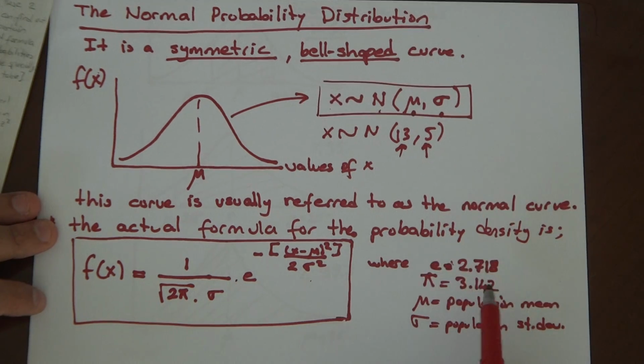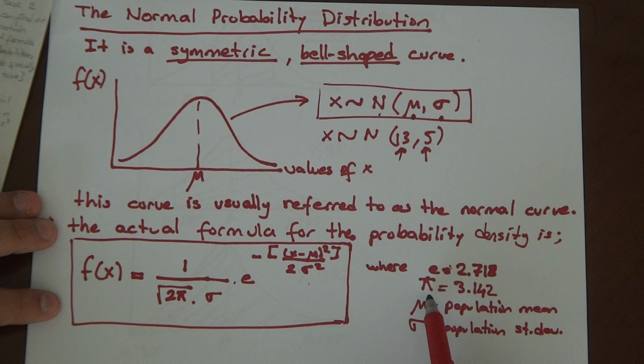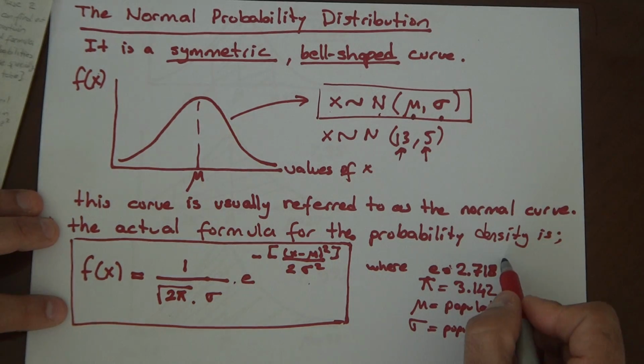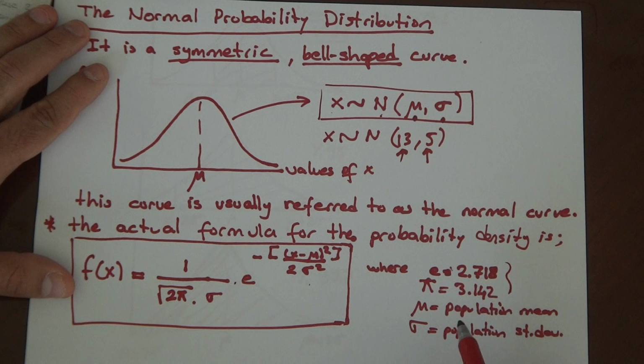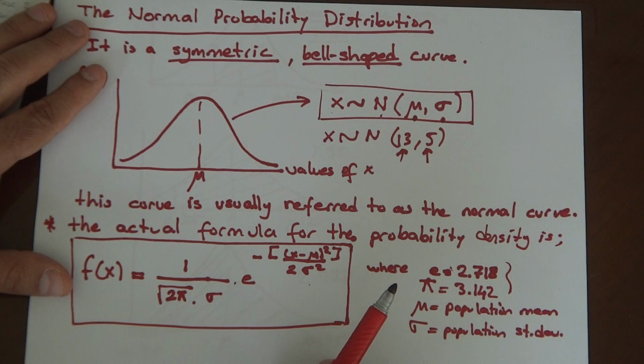This number is stored in your calculators, and pi is again 3.142. This is also stored in your calculators. These are fixed numbers. And mu is the population mean, and sigma is the population standard deviation.